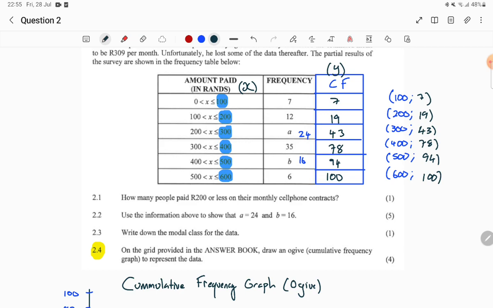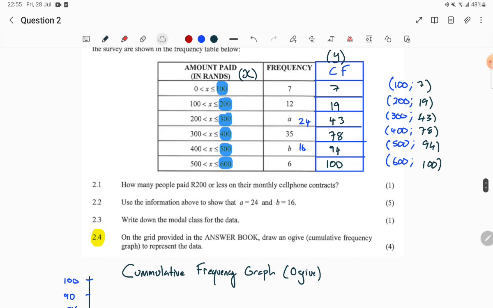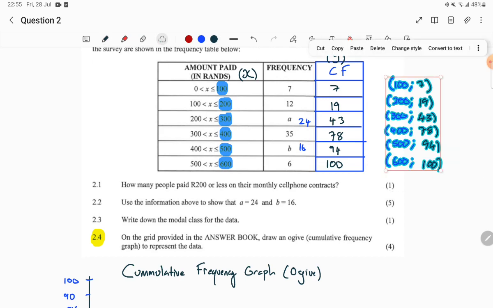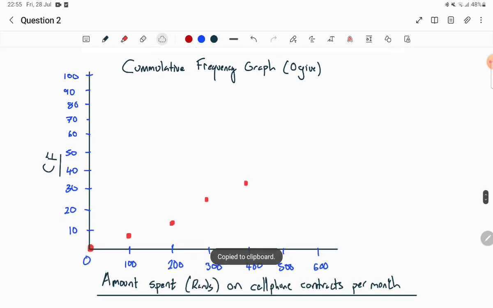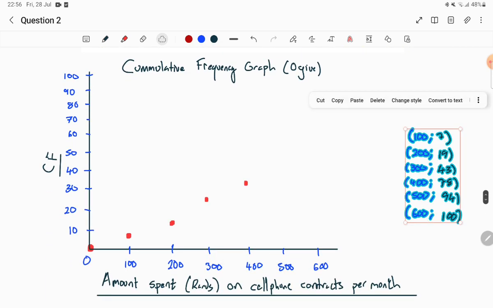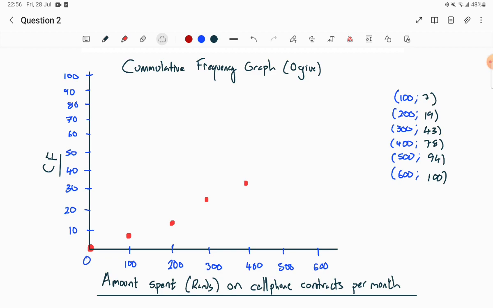And now we can go ahead and plot these points. This is somewhat what your cumulative frequency graph would look like. And one thing to note, it always is grounded, so it always starts from 0 and 0 and climbs its way up.